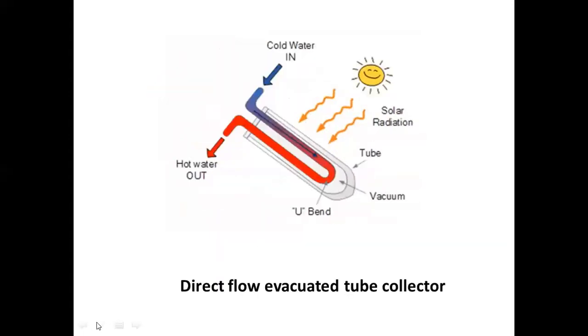So this is the third one, the direct flow evacuated tube collector. What happens in this type of collector? From one side, cold water or cold fluid, whatever it may be, is inserted from this side, and inside this tube, the heat energy is absorbed. The absorbed heat energy is used to heat the liquid.